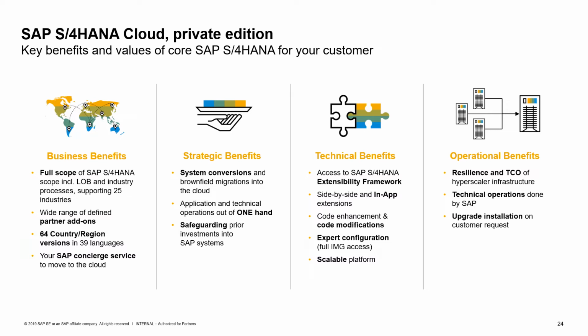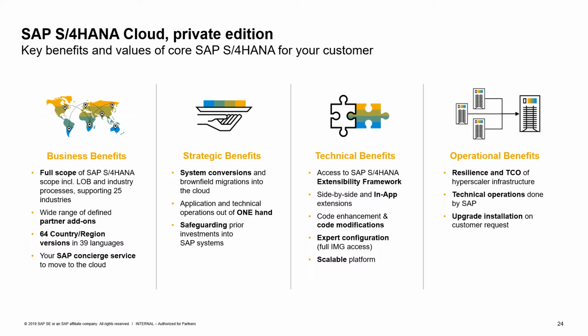Next, let's take a look at the strategic benefits. S4HANA Cloud Private Edition allows for system conversions and brownfield migrations into the cloud. So this is different than Extended Edition if you've been working with S4HANA Cloud Extended Edition. So system conversions and brownfields are permitted.